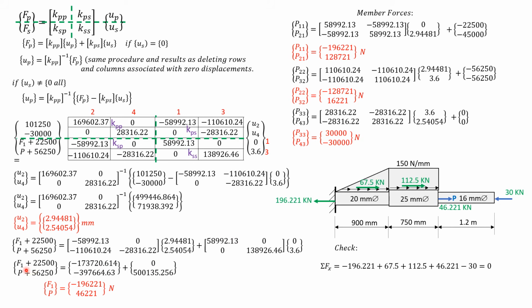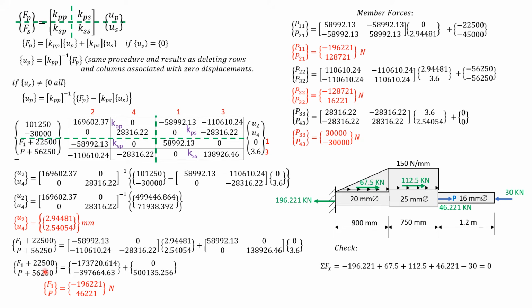So that F1 is negative 173,720.614 minus 22,500. So you will get negative 196,221. And the value of P is negative 397,664.63 plus 500,135.256 minus 56,250.